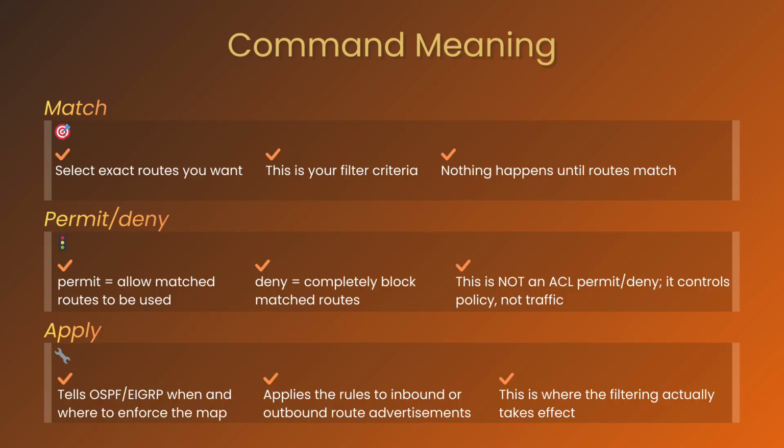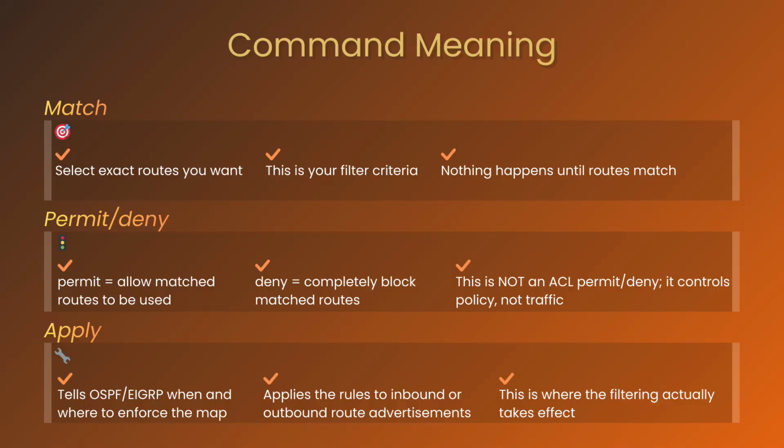Let's break down what each part of the route map actually means. The route map name identifies your policy. This name can have multiple sequences under it, each handling a different condition. The permit or deny keyword determines whether the matched routes in that sequence are allowed or blocked. The sequence number controls the order. Lower numbers come first, and the router moves down the list until it finds a match. The match statements specify which conditions must be met.